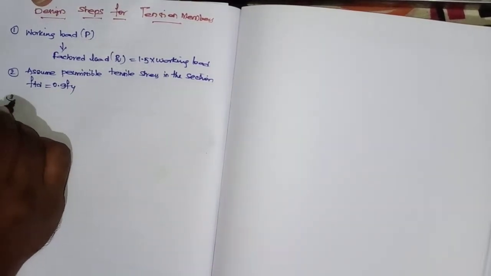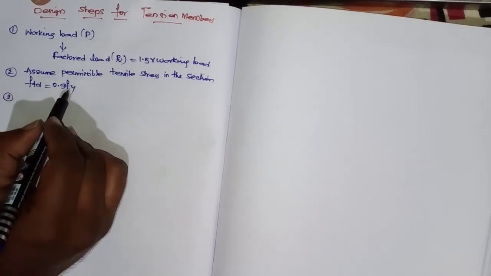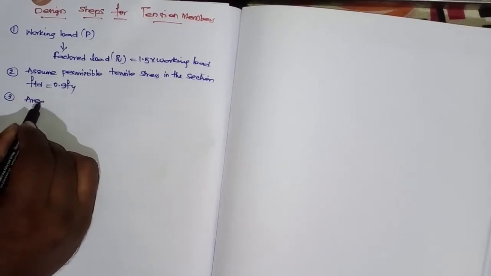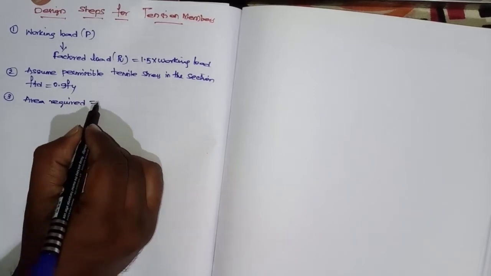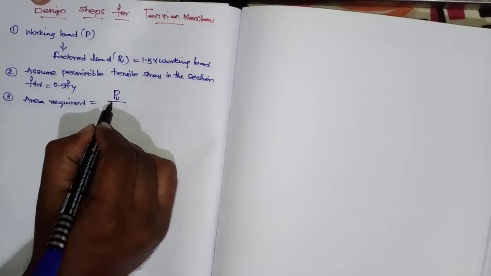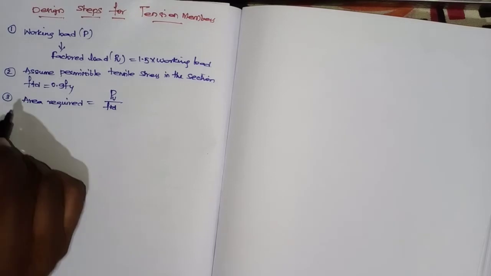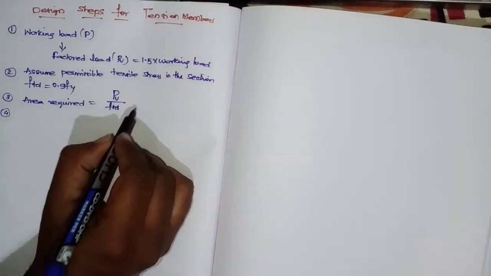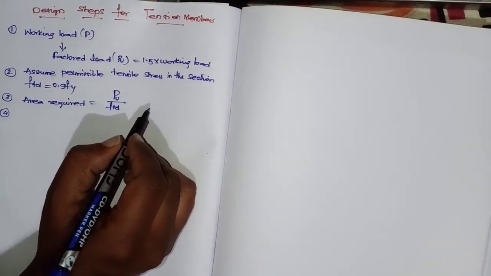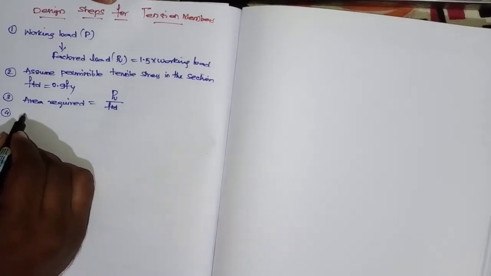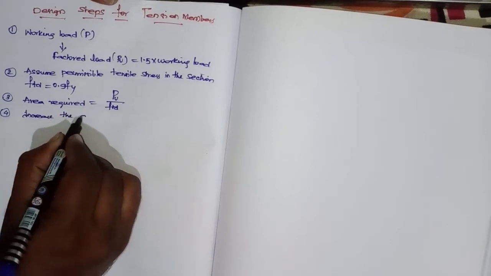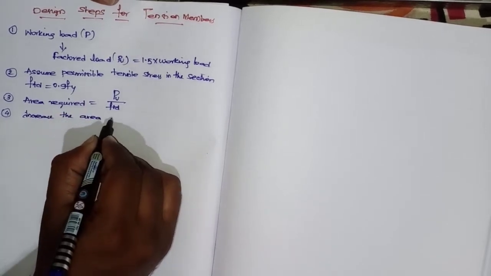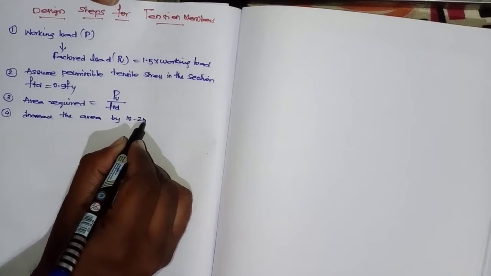Next, third, after assuming this, calculate the area of the section required. Area of the section required equals PU by FTD. For factor of safety, increase the area by 10 to 25%.